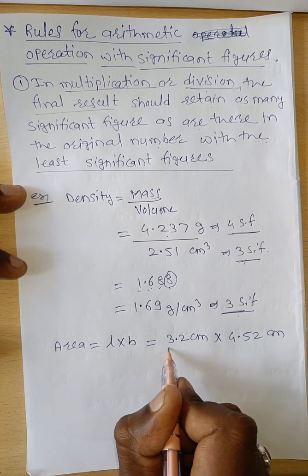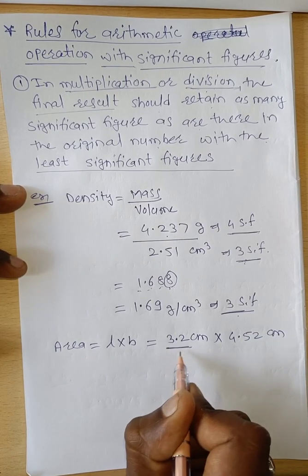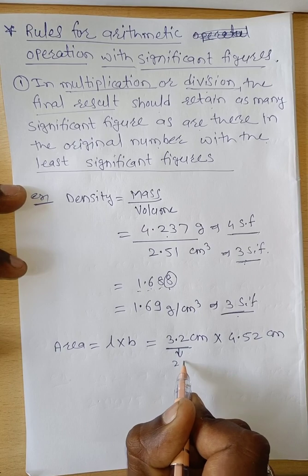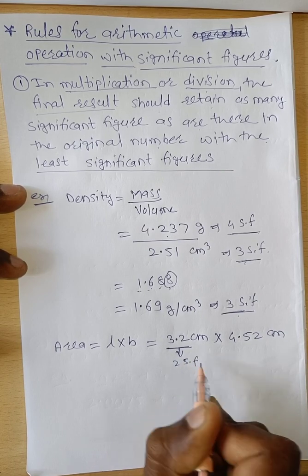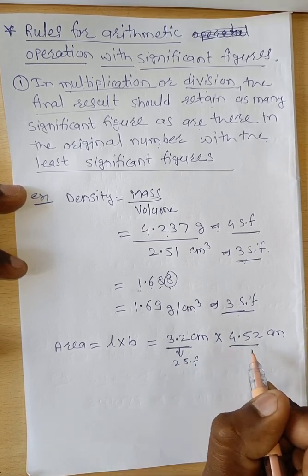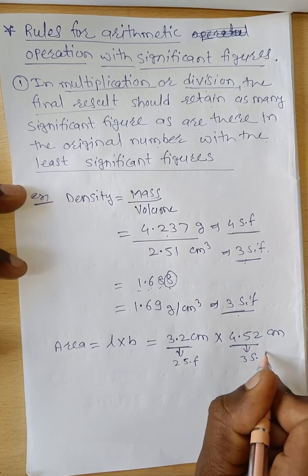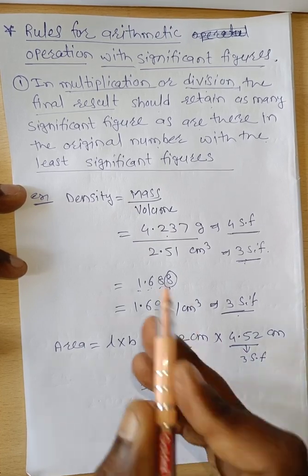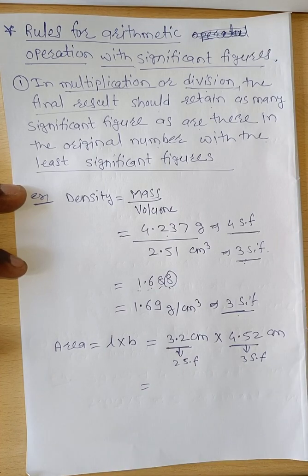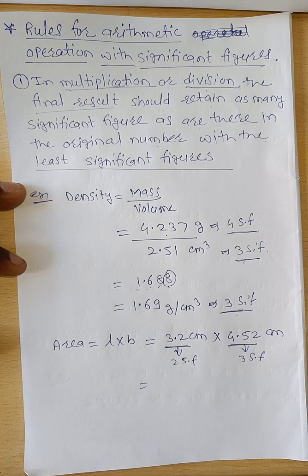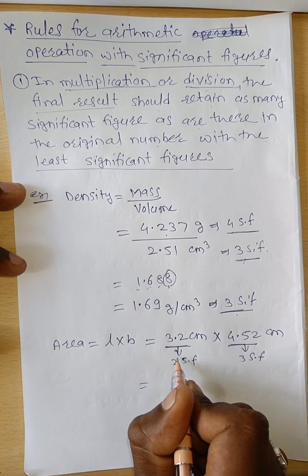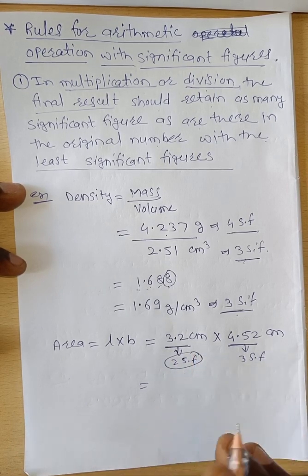Now see, 3.2 centimeters has two significant figures and the breadth 4.52 has three significant figures. Means in a multiplication or division, the answer should have the fewer significant figures. In that case two significant figures is less, therefore the answer should be in two significant figures.